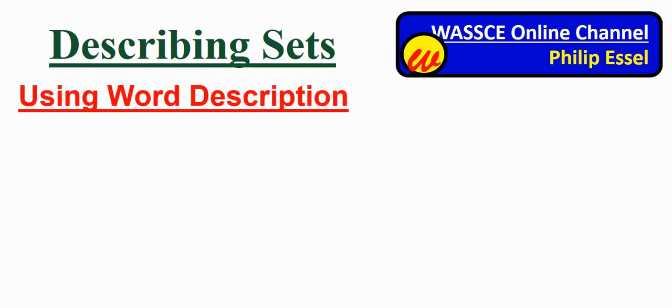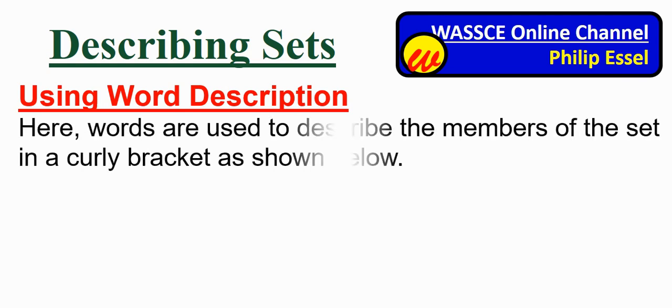Now, let's look at the method of word descriptions and simple sentences in describing sets. With this method, words or simple sentences are used to describe the members of a set. Let's look at a few examples.